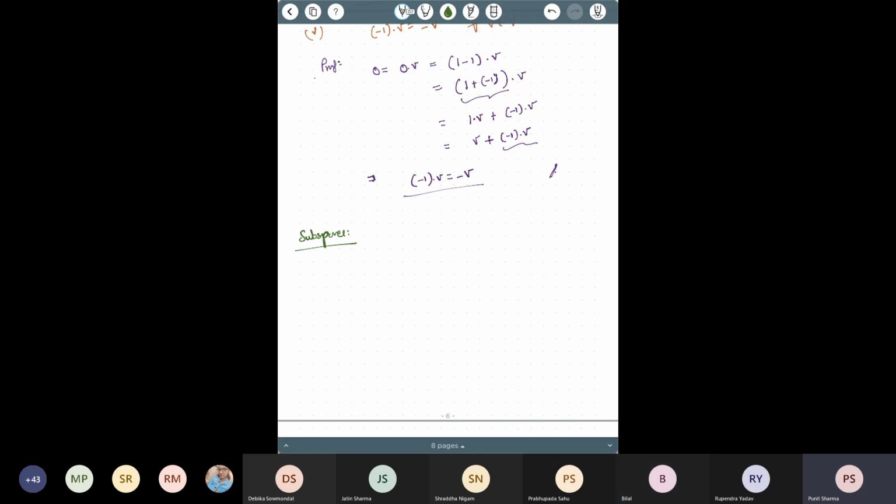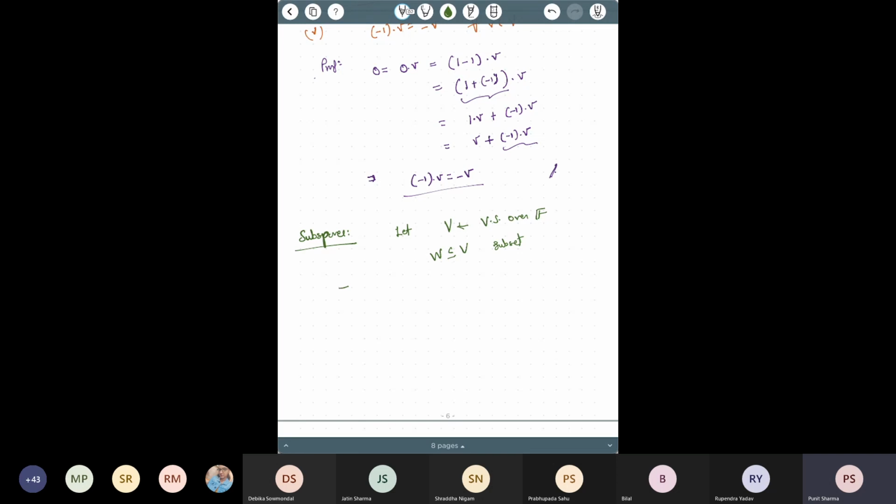Right. So if you want to define it, you will say that, let's say we have a vector space V over F, and suppose that we have a subset W of V. This is a subset.